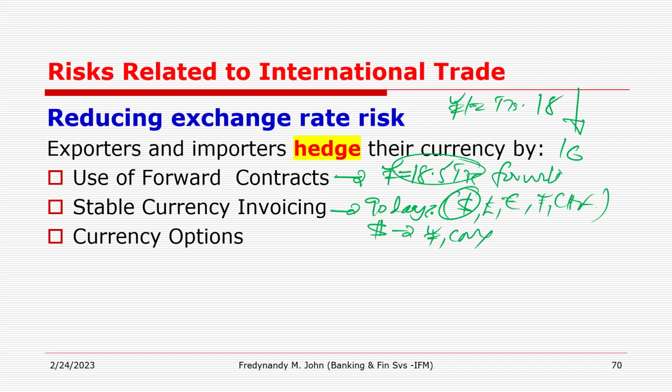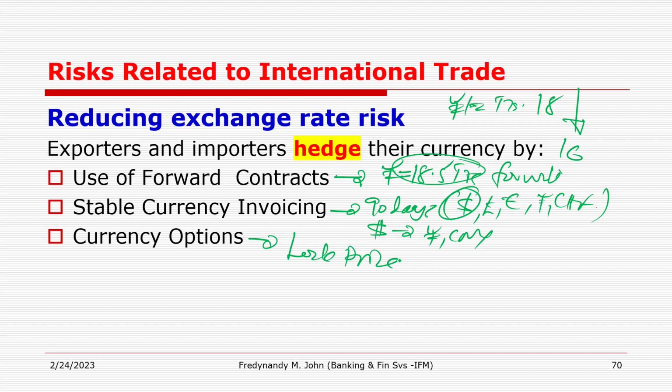If that is not the case, or that's not your option, then you can opt for a currency option contract. Just like the forward contract, with the currency option contract, here you lock the price.